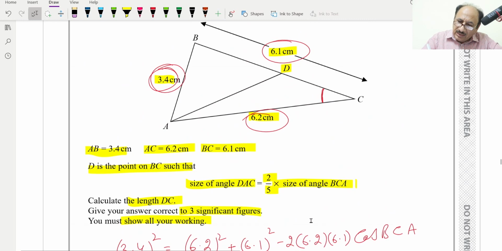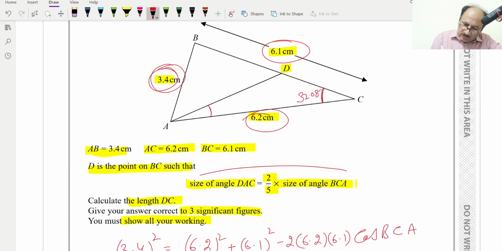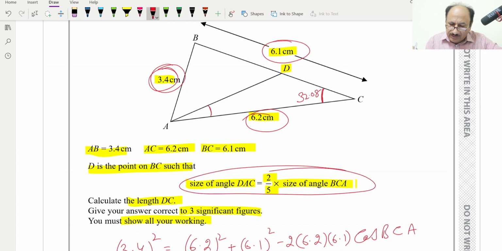So the angle which we got is 32.08, and it is given in the question that the size of angle DAC is 2 by 5 of the size of angle BCA, which we just found.